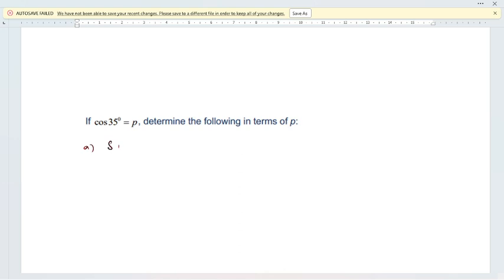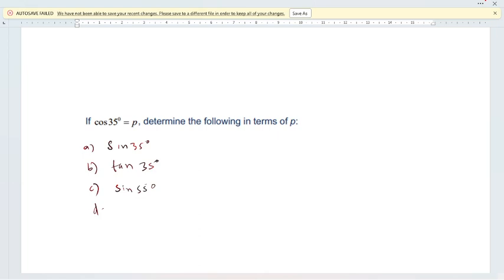A, let's have sine 35 degrees. And then number B, let's have tan 35 degrees. And then what else? Number C, let's have sine 55 degrees.